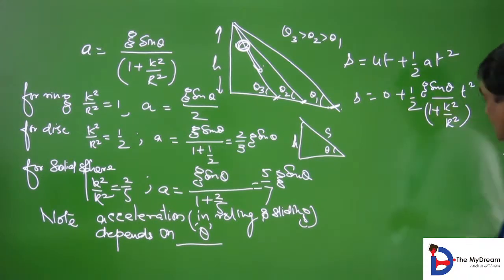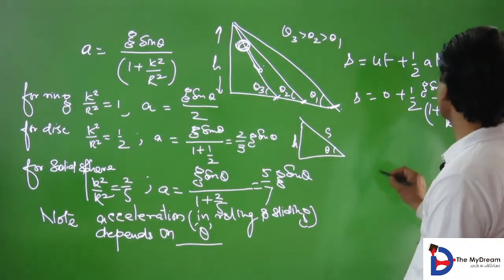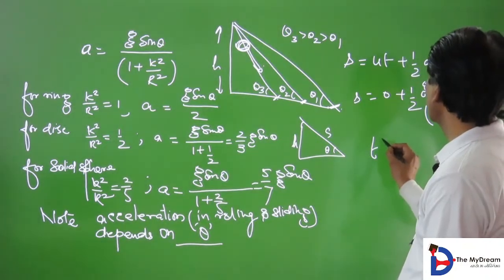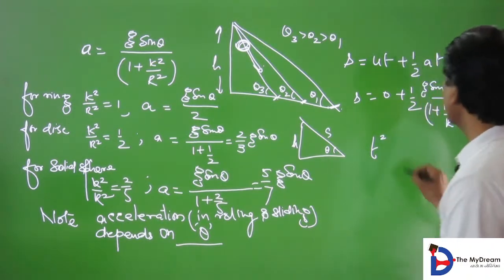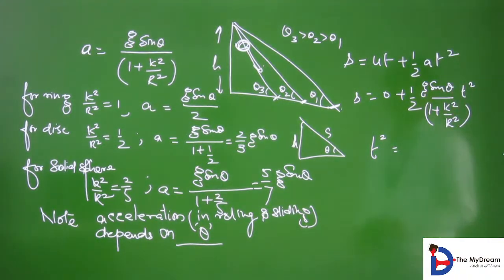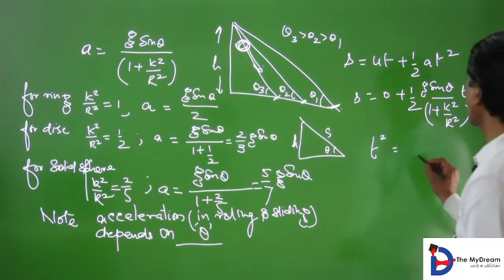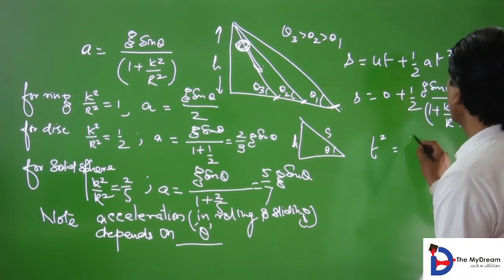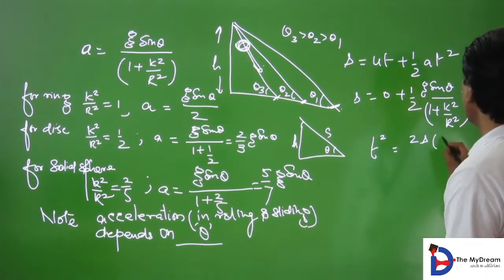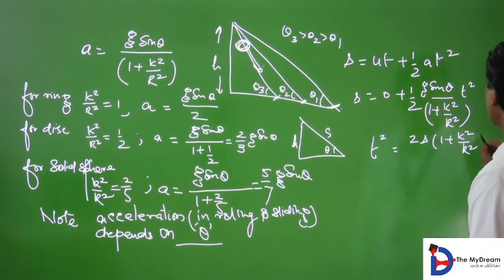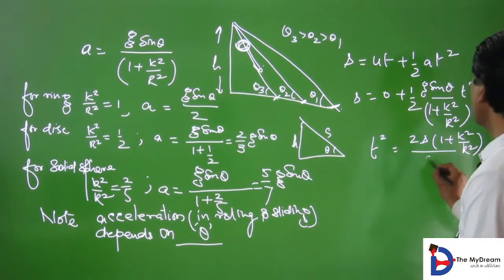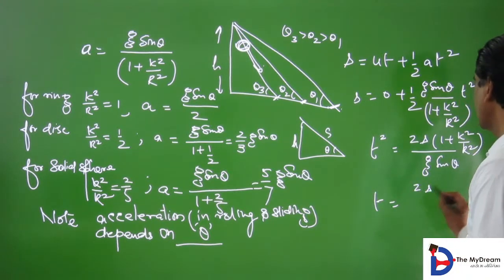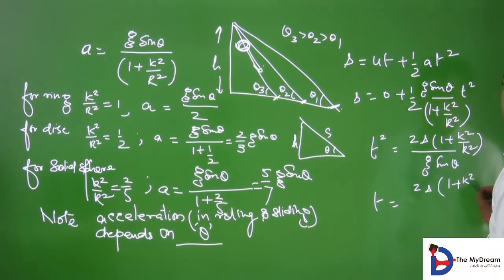So t square is equal to twice of s into 1 plus k square by r square upon g sin theta. That's right. We could also do it from v equals u plus at. Then you will see, what did we find, my dear?